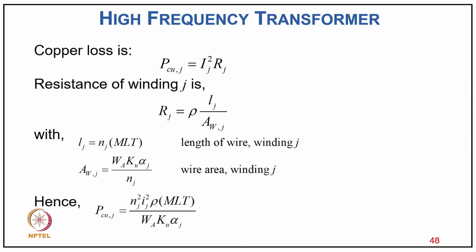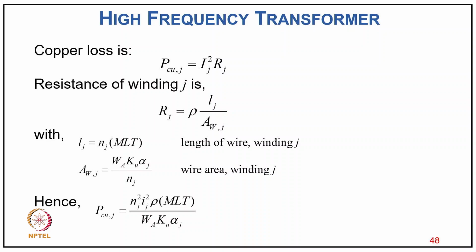So the copper loss will be Pcu j equal to Ij square Rj. The resistance of the jth winding is Rj equal to rho lj upon Awj, with lj equal to nj MLT, the length of wire of winding j, and Awj is WA Ku alpha j divided by nj, the wire area of winding j.